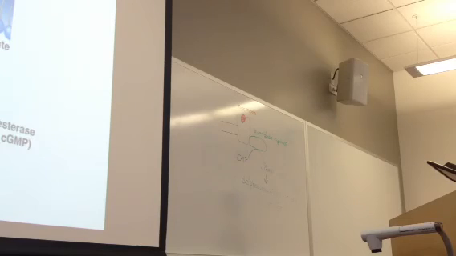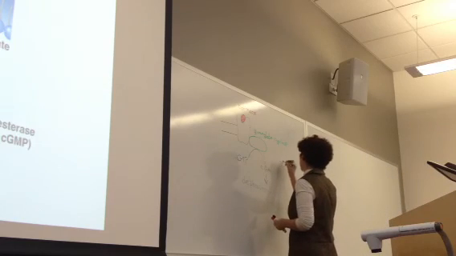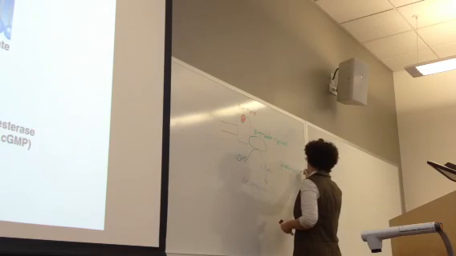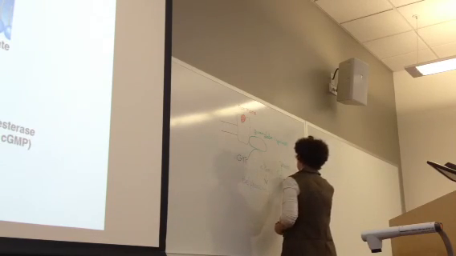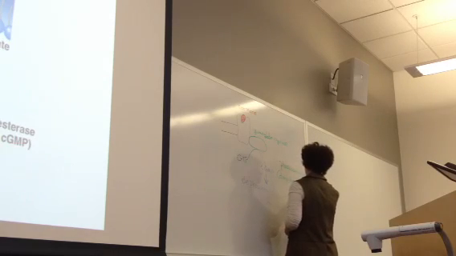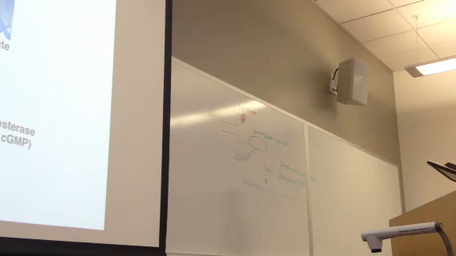And in fact, the same enzyme that breaks down and degrades cyclic AMP breaks down and degrades cyclic GMP. Phosphodiesterase. Just a much quicker event than that involving G proteins.